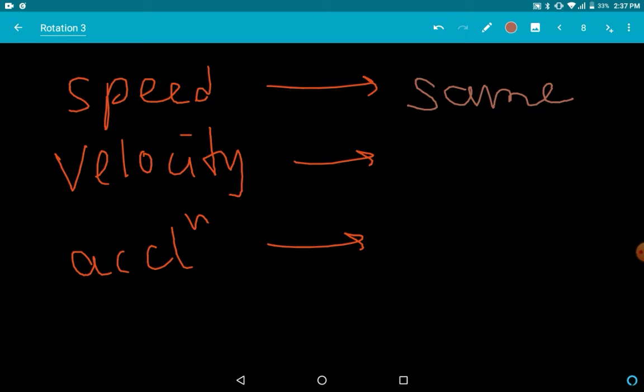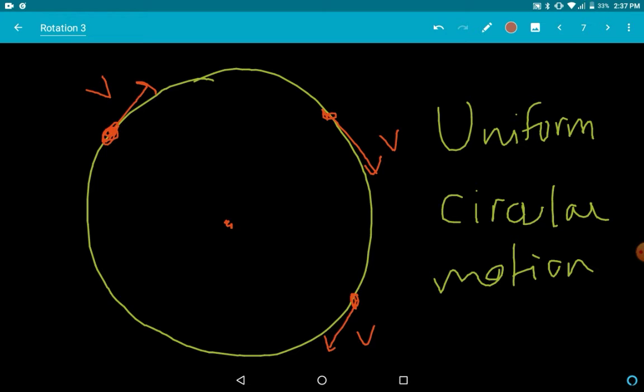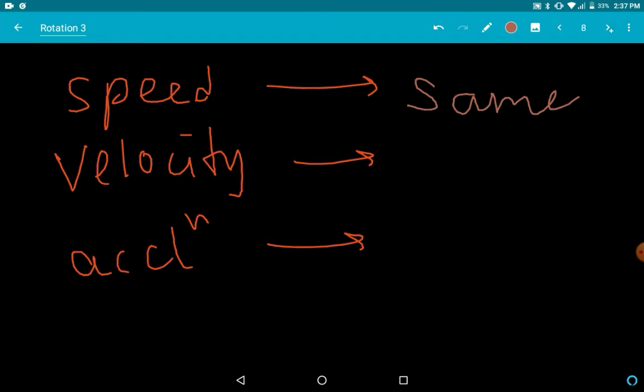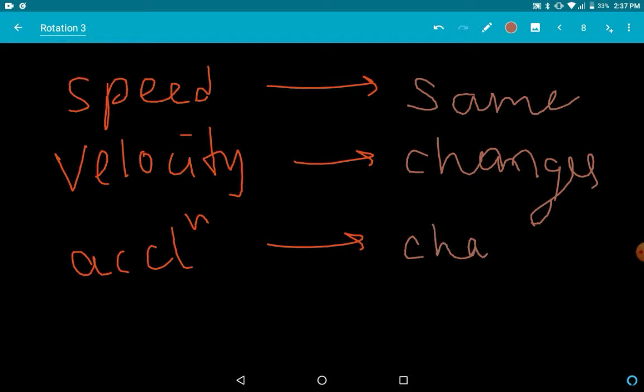Now here the direction is changing every time. As you can see, the direction of the velocity changes, so velocity changes. Now if velocity changes, acceleration changes. If you have read motion in class 9, you will understand this. Let me explain.